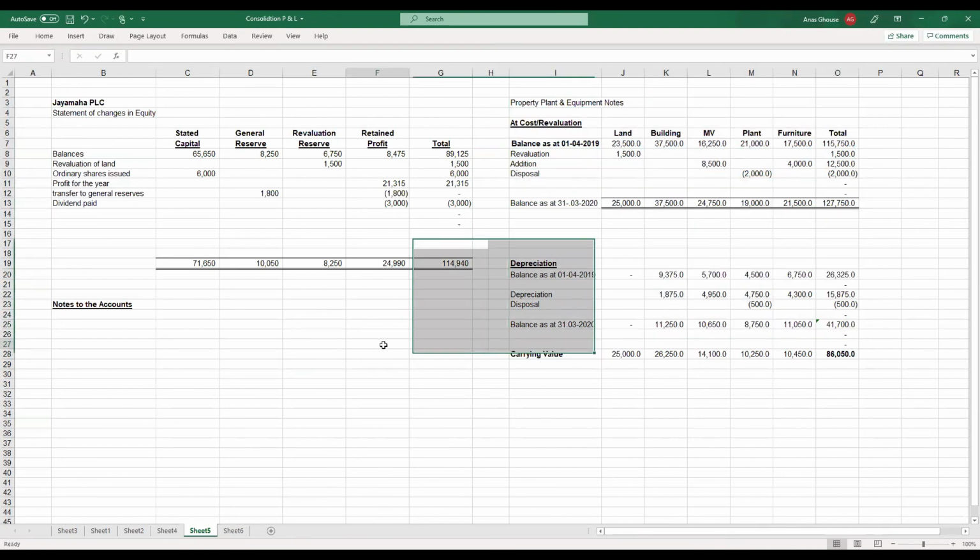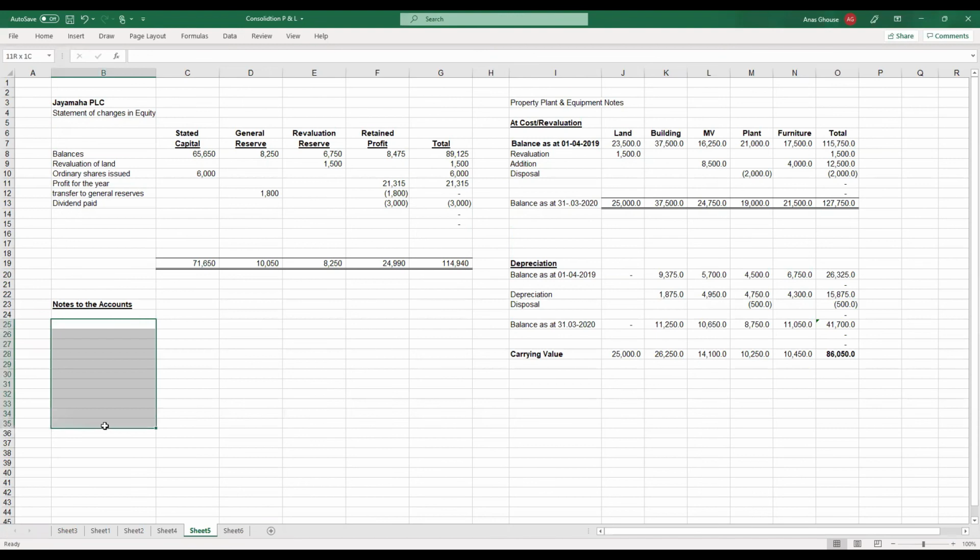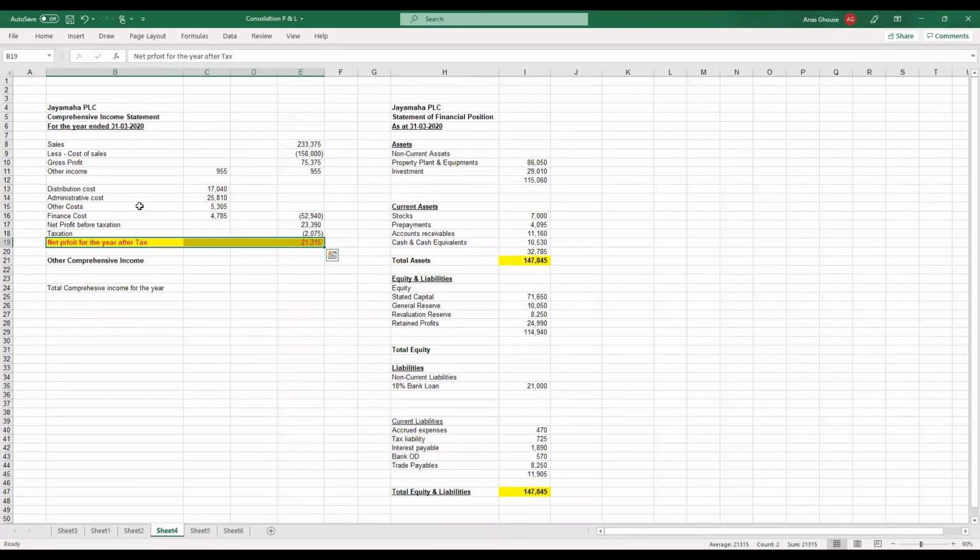And we just prepared the statement of changes in equity and also property, plant and equipment under the notes to the financials. So you need to complete other notes to the accounts, like you can show the breakdown of cost of sales, and also you can show the other income. How did you arrive at this figure? And apart from that, you can show the breakdown of other expenses, which is 5,305,000.